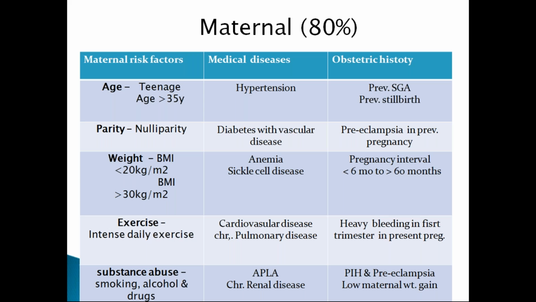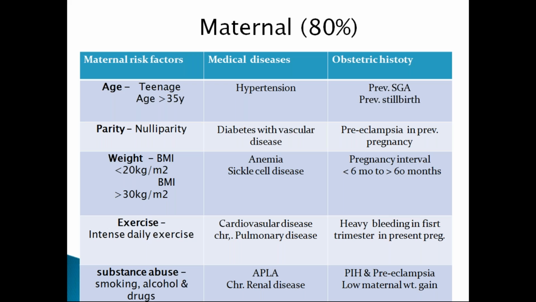I told you hypertension, this is because of improper implantation of the placenta. In hypertension, placentation is mostly abnormal. In diabetes, there is vascular involvement of the uterine vessels and placental vessels.